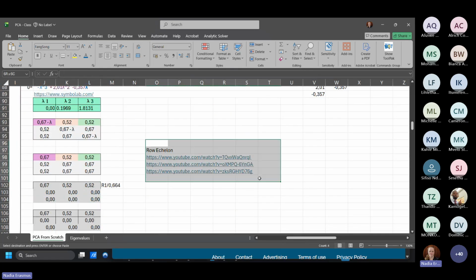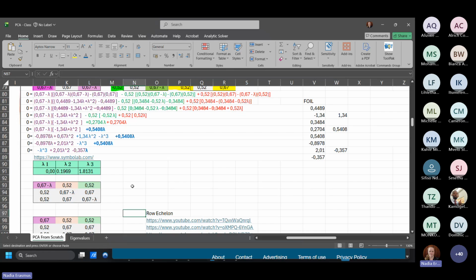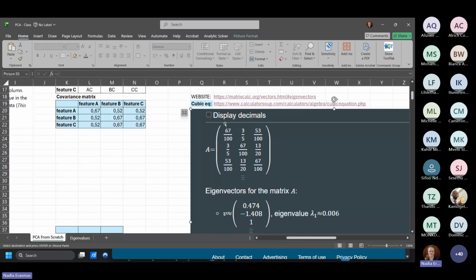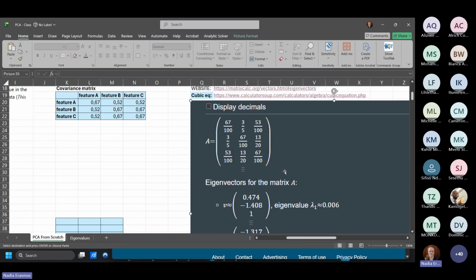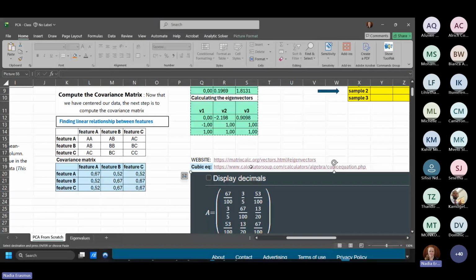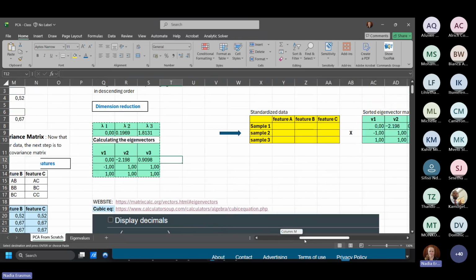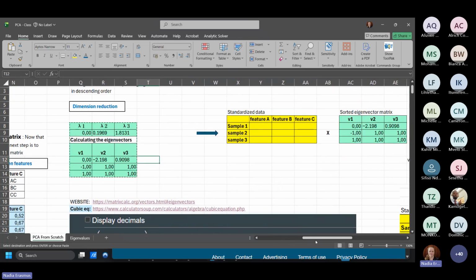The row echelon form, you guys are more than welcome to use that. Otherwise, you can use this. This one is completely different because it had a different value, so you can't use it. It was calculated using the eigenvectors website, which is apparently not in existence anymore, which is very sad. But yes.